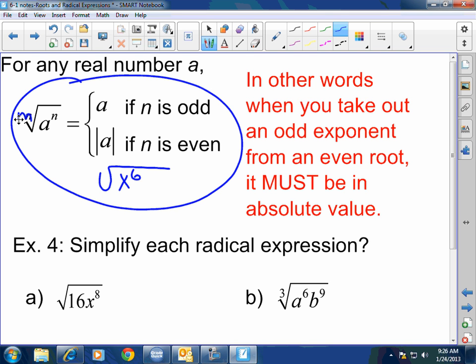When I'm looking at variables, the best way to do this is to divide. What's 6 divided by 2? So I'm pulling out an odd exponent, correct? Since I pull an odd exponent from an even root, I better put in an absolute value. That's the only restriction. If I'm taking something out of an odd root, we don't care.